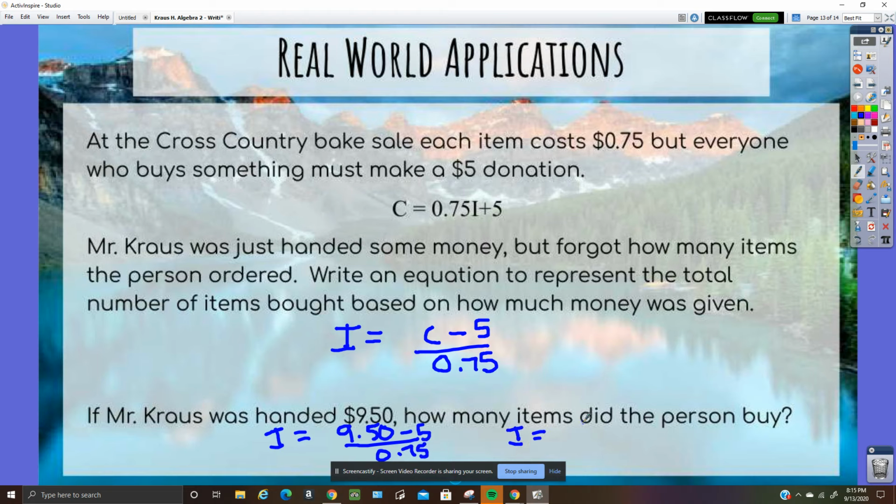So we got $4.50 divided by 75 cents would be 6, I believe. So 6 times 75 would be 450, yes. So 6 items.